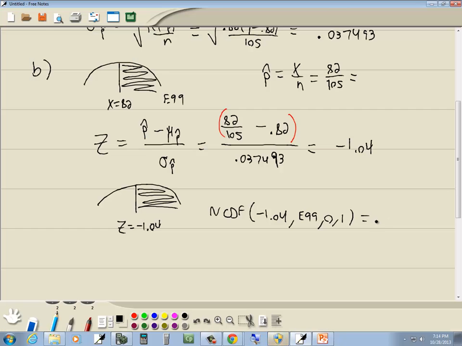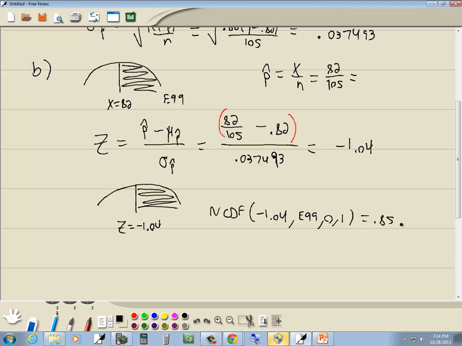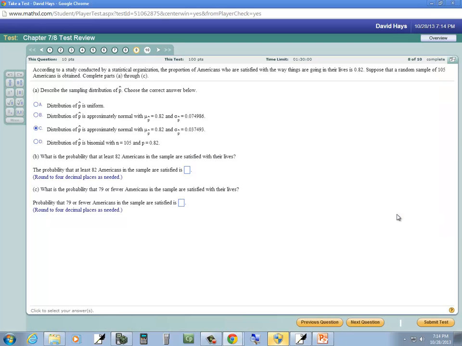And that gives us 0.8508. Okay, C. What is the probability that 79 or fewer?